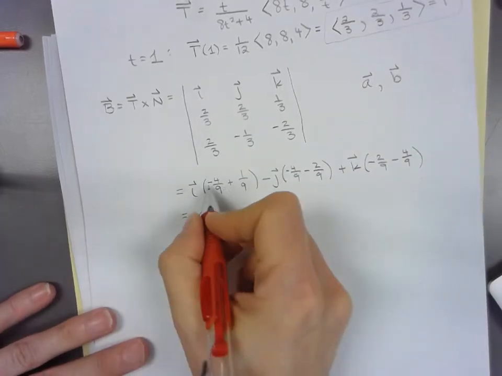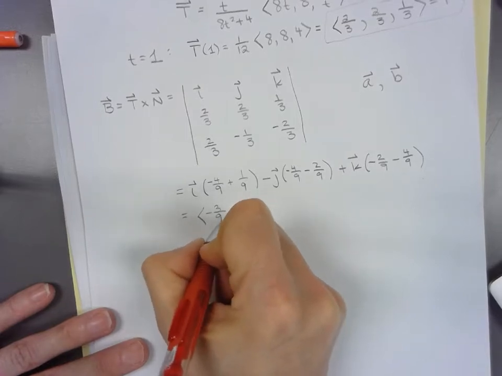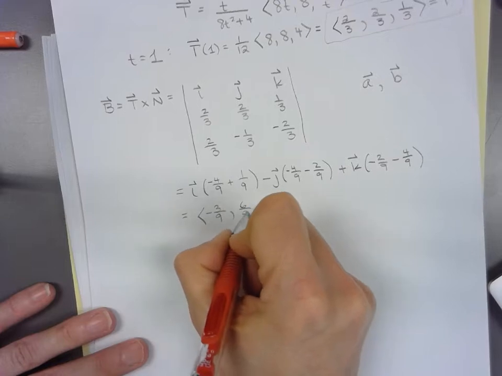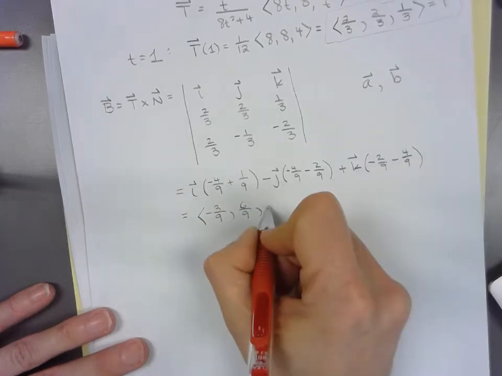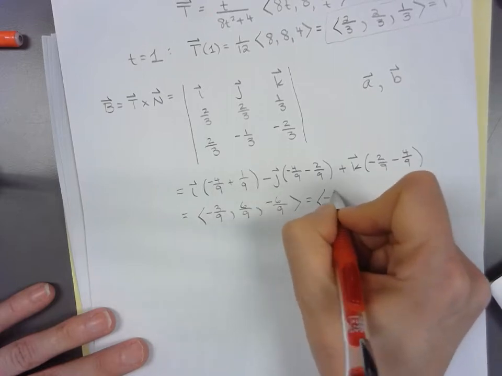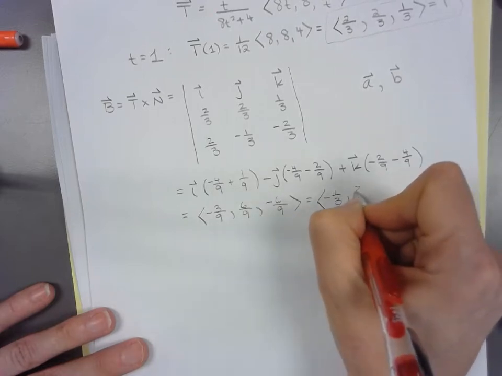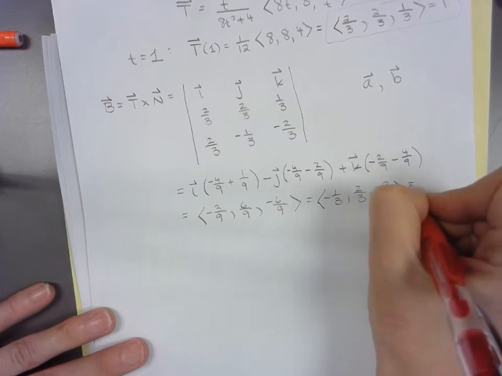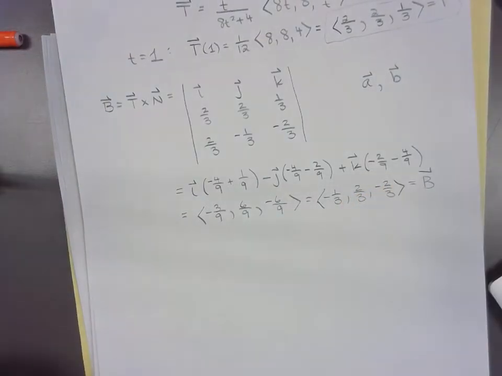So we get negative 3/9, negative negative, so 6/9, negative 2 minus 4, negative 6/9. Each of those simplifies. So negative 1/3, 2/3, negative 2/3. So that's our B. And we can check pretty quickly.